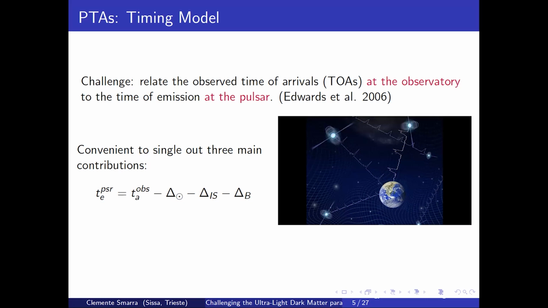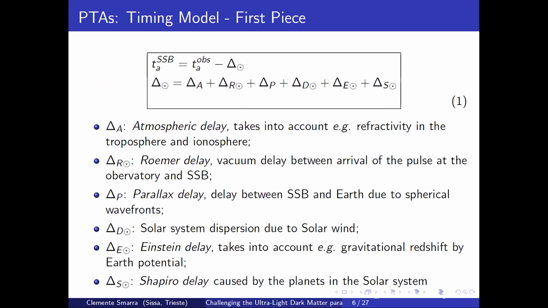Then you relate it to the time of arrival at the binary barycenter if you are considering a binary pulsar. And then from there, you relate it to the time of emission at the pulsar. So basically, you're trying to trace the path that this light beam travels from the pulsar to the observatory.